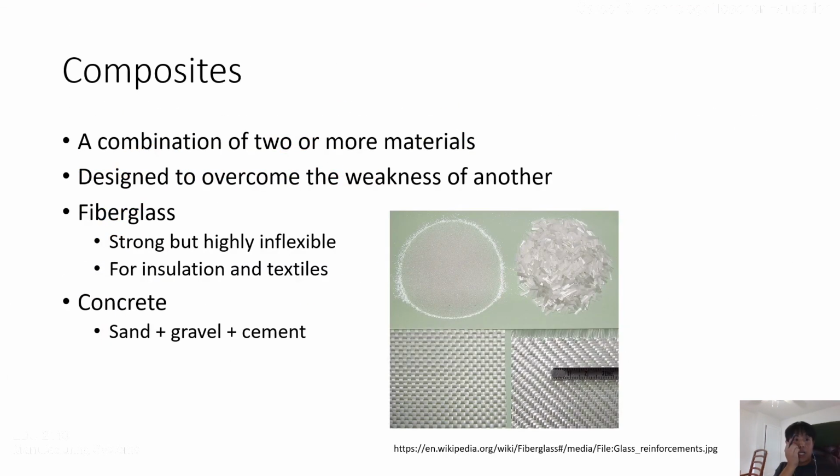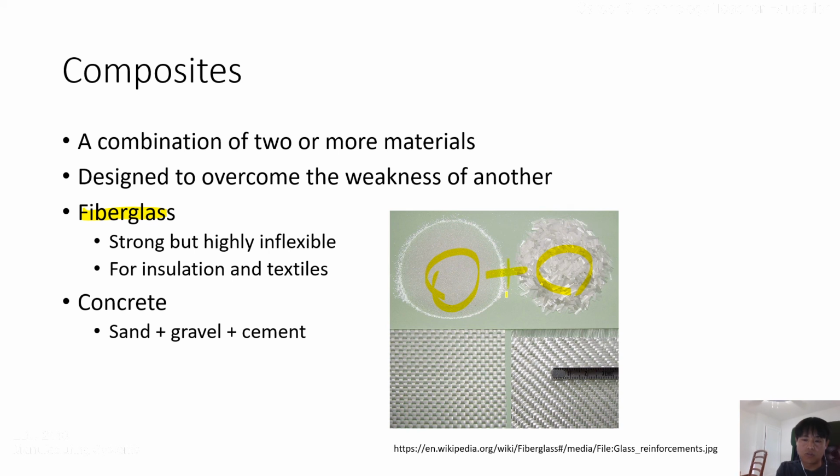And then another type is composite. Composites are a combination of two or more materials, chemically and designed to overcome the weakness of another product. An example is fiberglass. So let's think about the cons of fiber and glass. This is an example of fibers and glass.